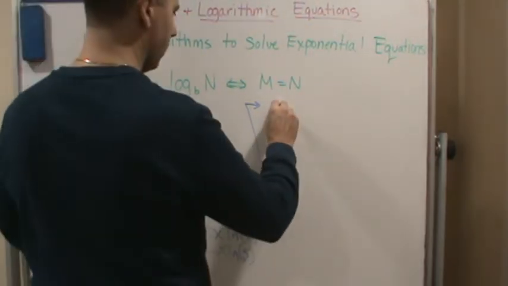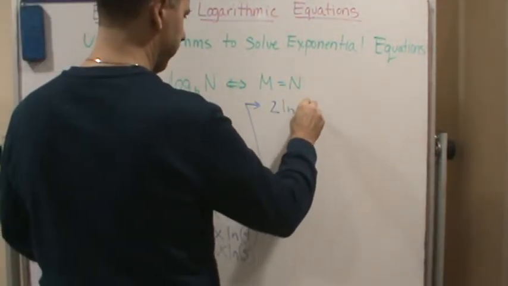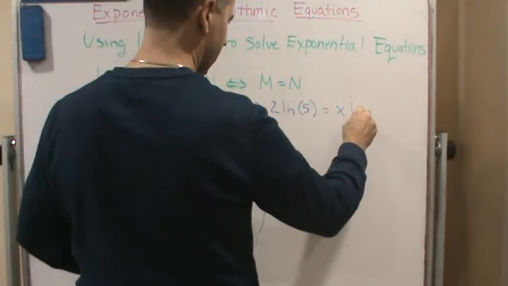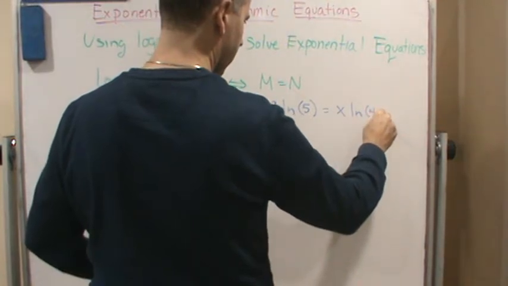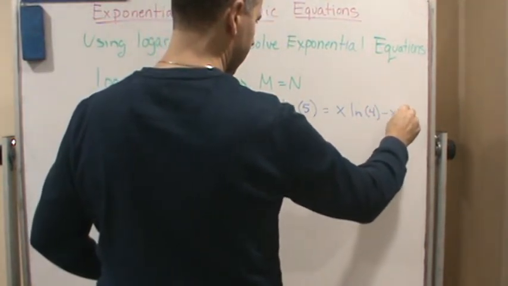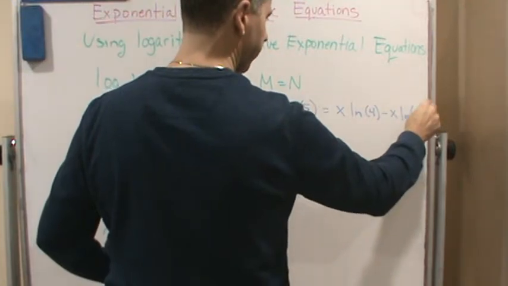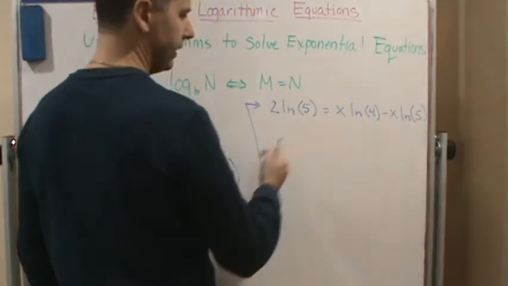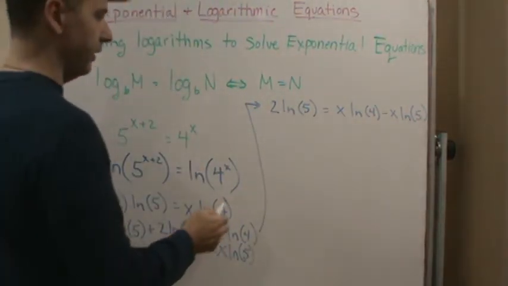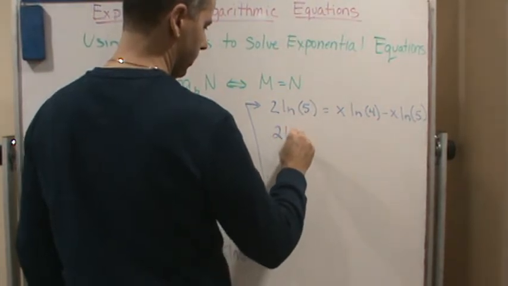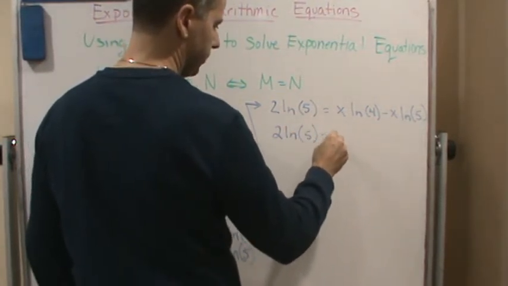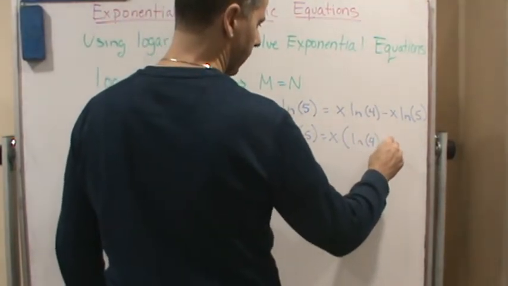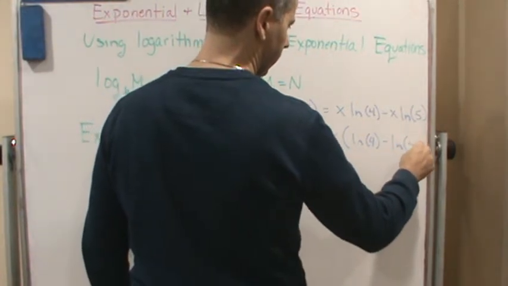I get 2 natural log of 5 is equal to x times the natural log of 4 minus x times the natural log of 5. Okay? And now all I have to do is factor out the x, and I'm pretty much done. So I'm going to get 2 times the natural log of 5 equals x times the quantity natural log of 4 minus the natural log of 5.